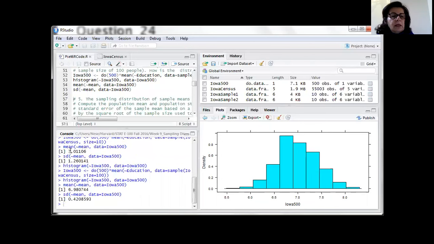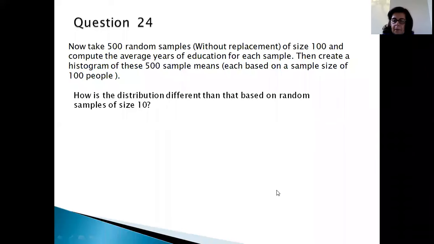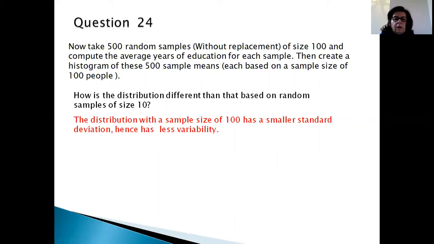As you see, it is very close, 7.01 versus 6.98. So both of them approximate the population mean. That's what we said, it has a smaller standard deviation, hence has less variability.